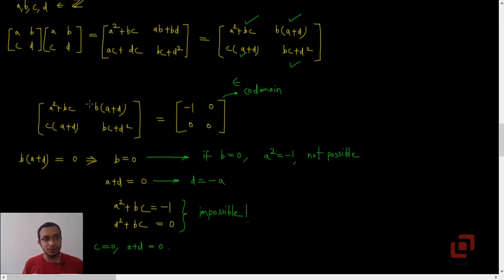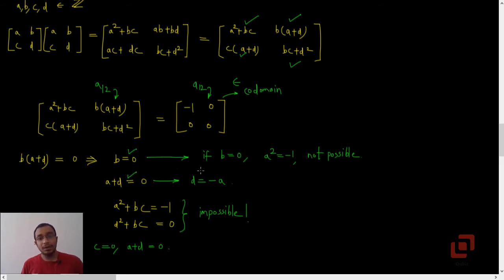So let us first go to the (1,2) entry of the LHS and the (1,2) entry of the RHS, first row second column. Now if b times (a plus d) is 0, what does it mean? It either means that b is 0 or a plus d is 0.